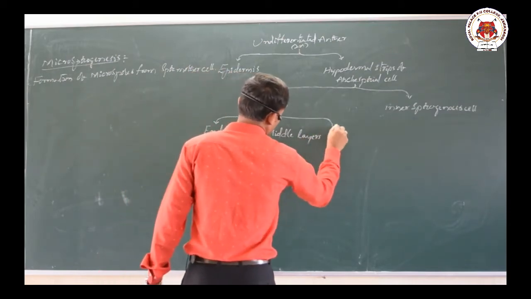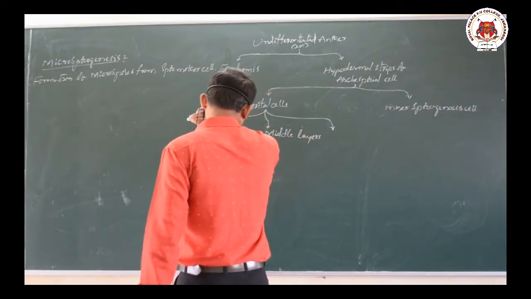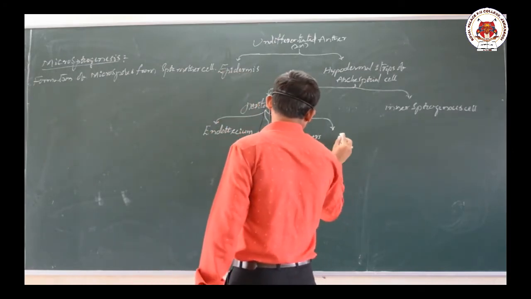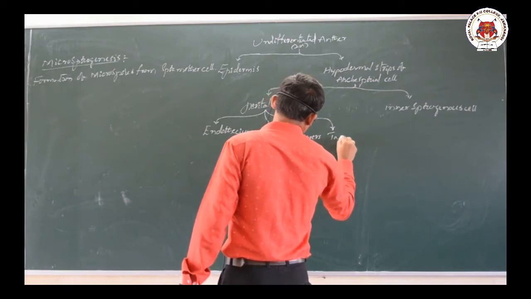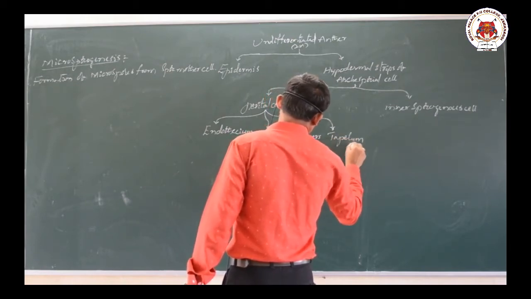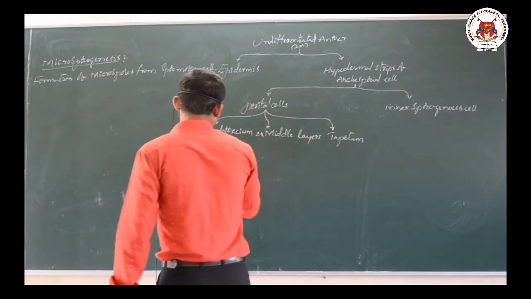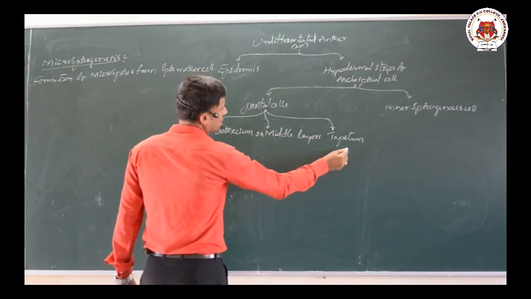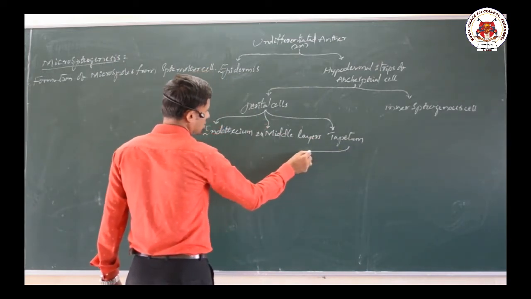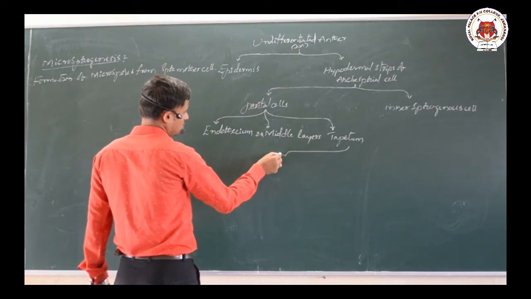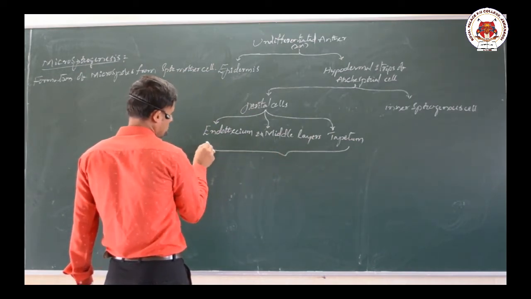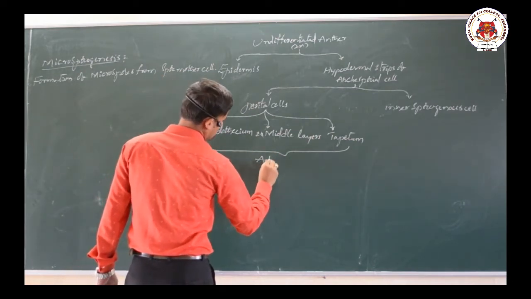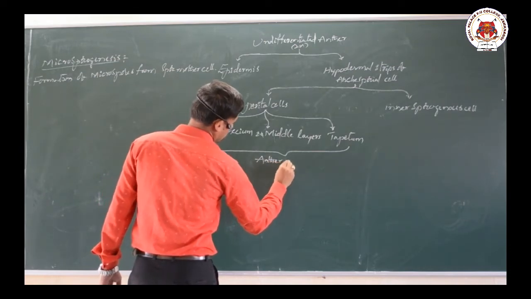This is followed by the formation of the tapetum. These three layers collectively we call the anther wall.